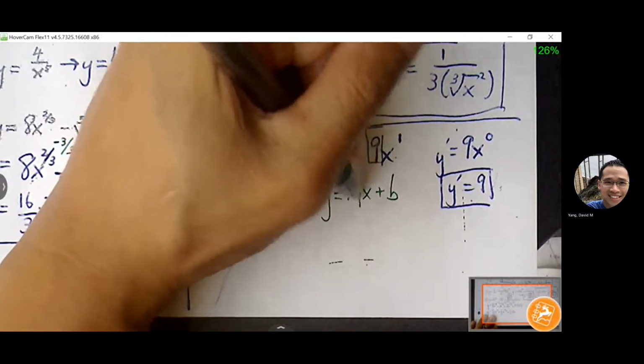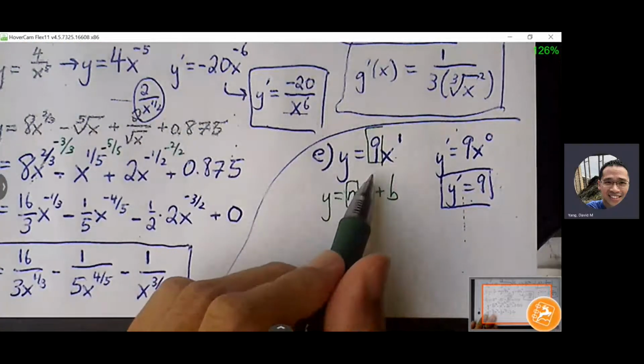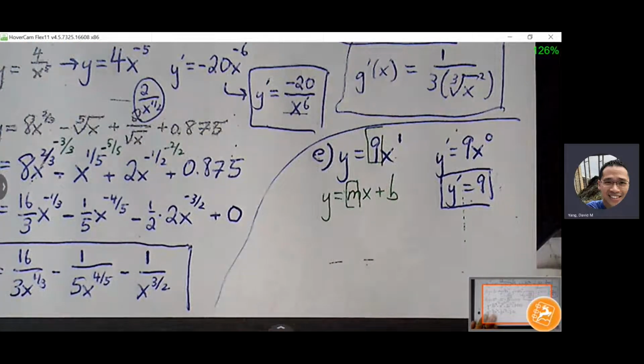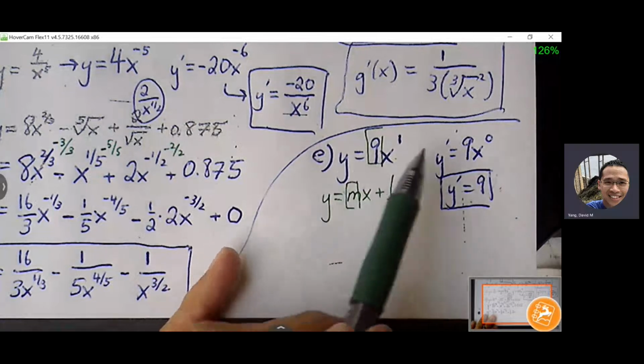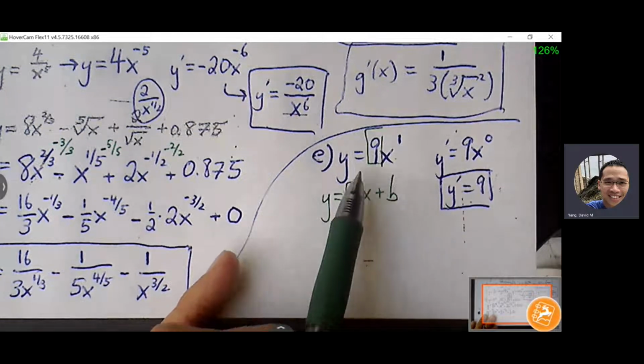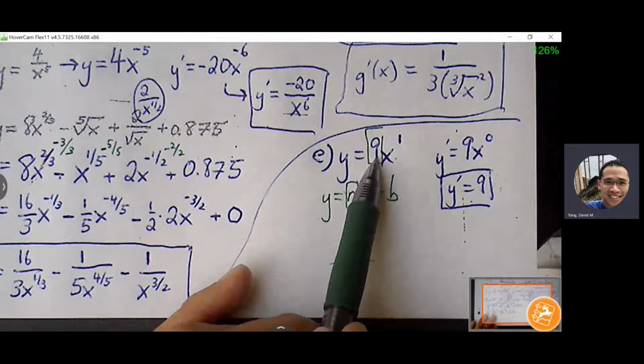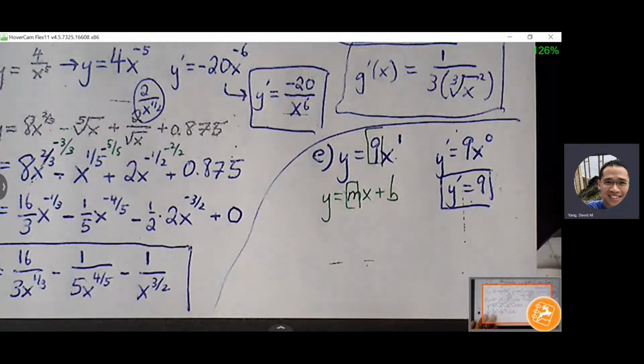Right? So any linear graph is going to have a slope of that coefficient. So we can either rely on Power Rule to get our slope, or we can rely on mx plus b to understand that I don't need calculus. If it's x to the first power, this is just a slanted line. That line is going to hold the same slope all the way through. It's going to have a slope of 9.